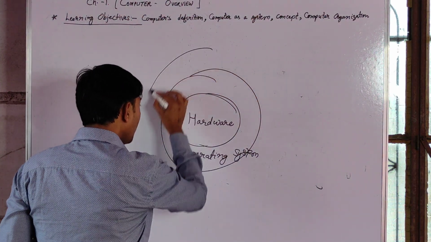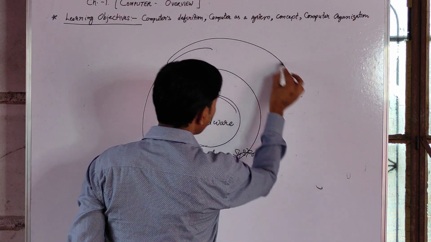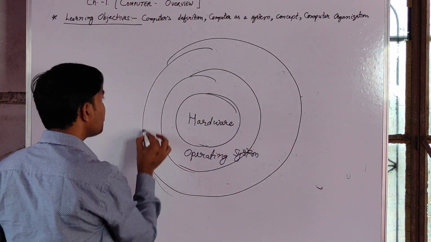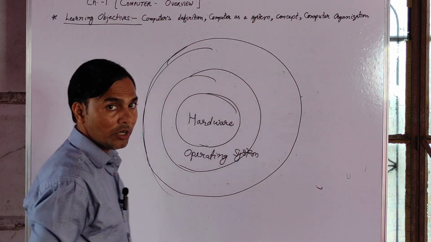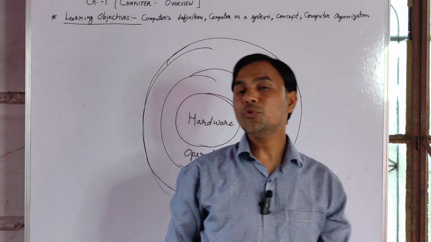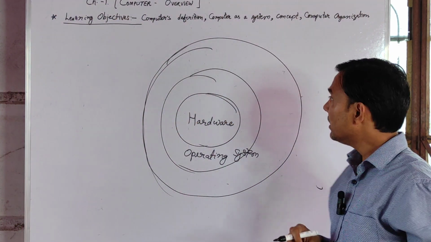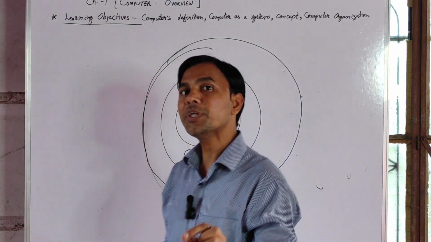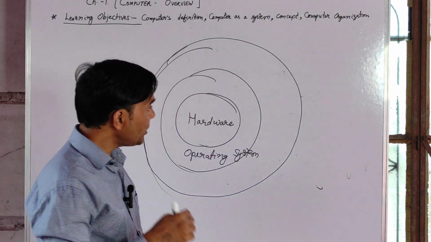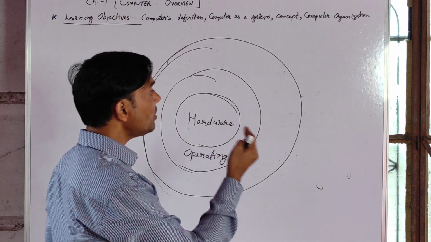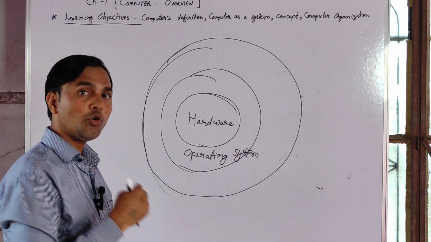Now suppose we have different domains in our life. We need to solve different types of work and problems. We need to go to different types of offices. Suppose I want to go to the bank. An employee working at the bank needs to work with the bank software.